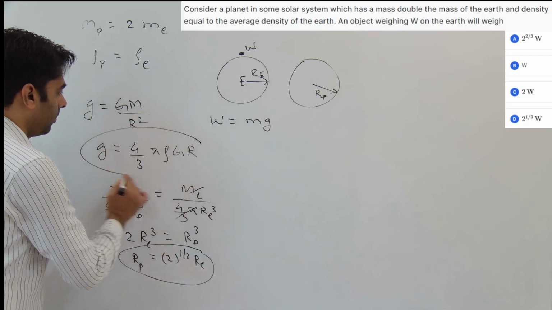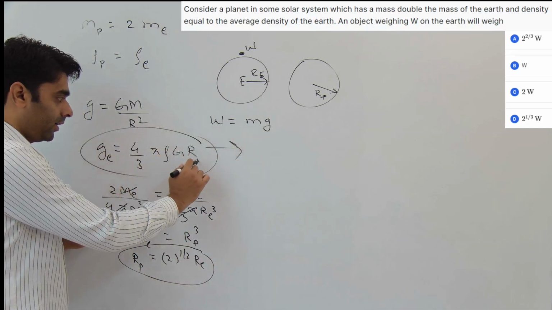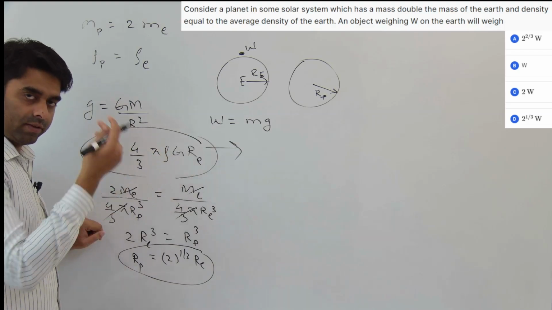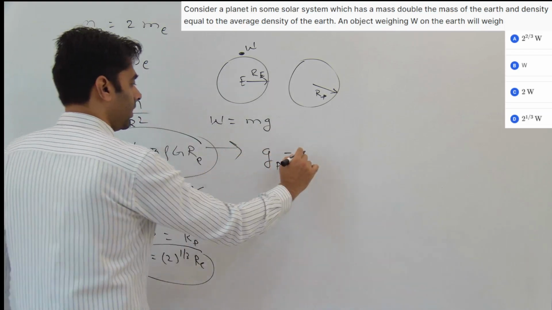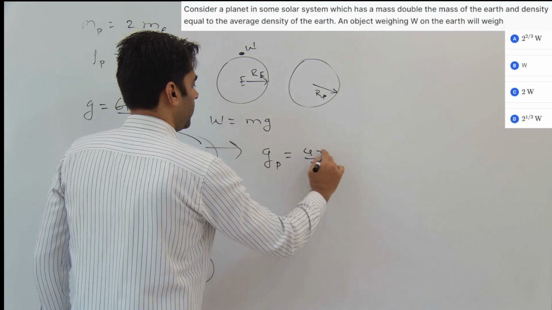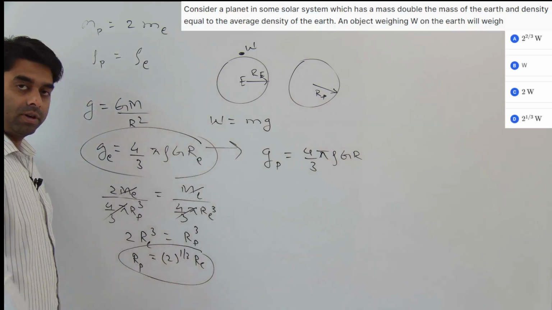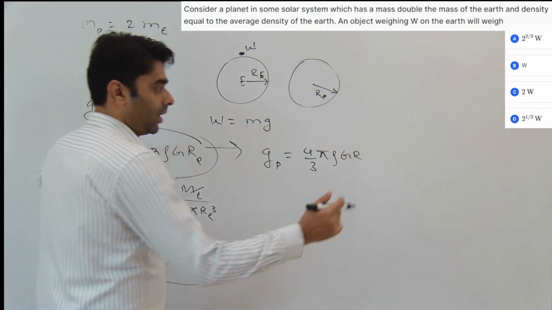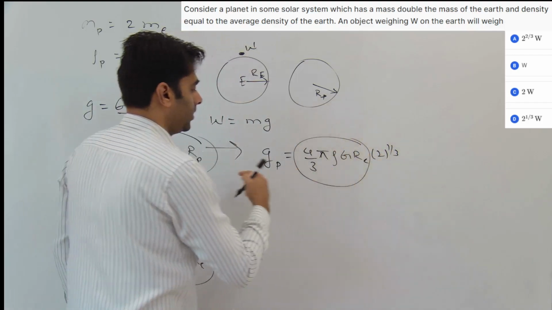Now let's say g on Earth uses the radius of Earth, and the density is the same for both. So g on the planet is again 4 by 3 pi rho G R of the planet. R of the planet we got as 2 power 1 by 3 Re, and this is nothing but g on Earth.